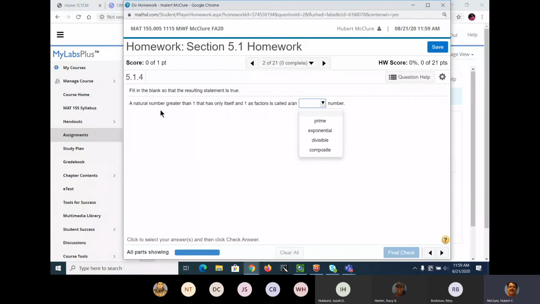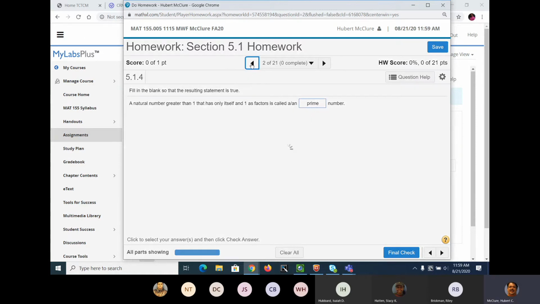See, you see why people don't understand math. A natural number greater than 1 that has only itself and one as factors is called a prime number, but look at the way they explain it. You have to have your nose and your pinky in the air to understand what the definition says. It's a prime number: a number that's only divisible by itself and 1.